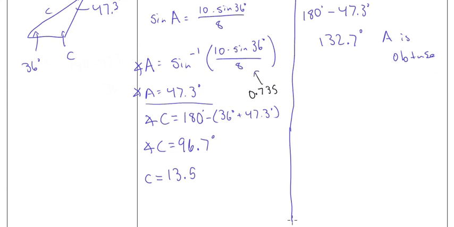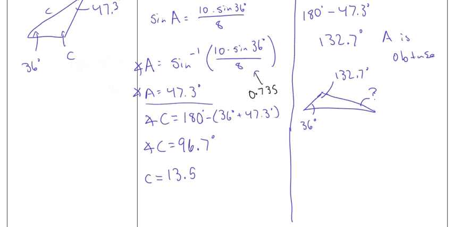So that all being said, now let's resketch that triangle. Something like that, with now angle A being 132.7 degrees. This one being fixed at 36 degrees. In that case, what is C going to be?